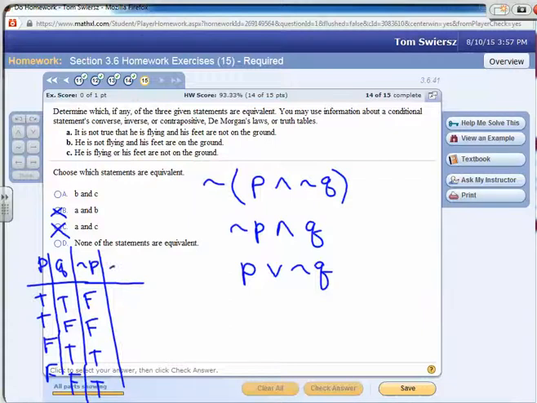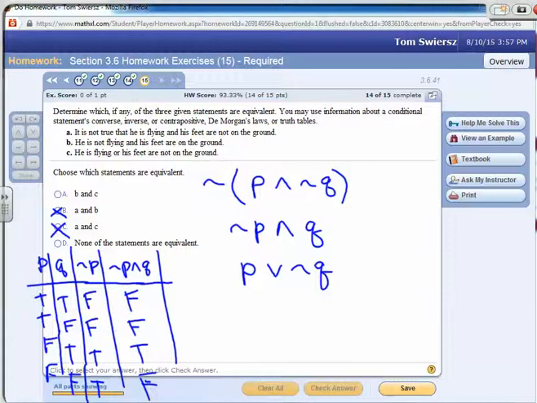Now we can do the truth table for not P and Q, which is our second statement. So negate P and true, true and false is false, false and false is false, true and true is true, and true and false is false.